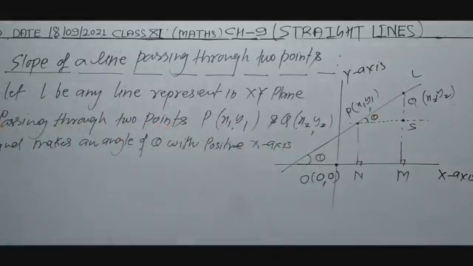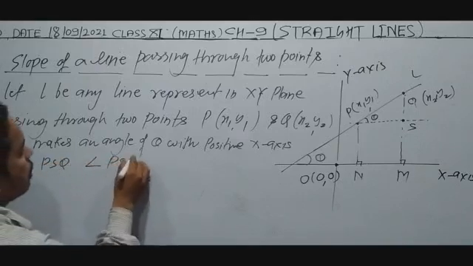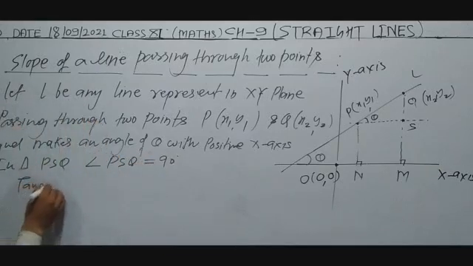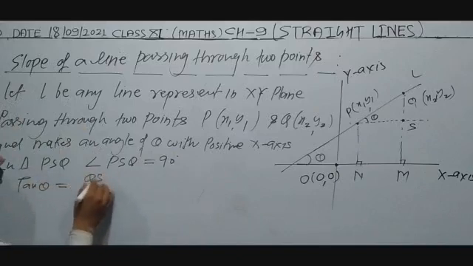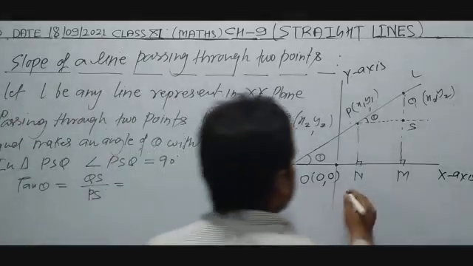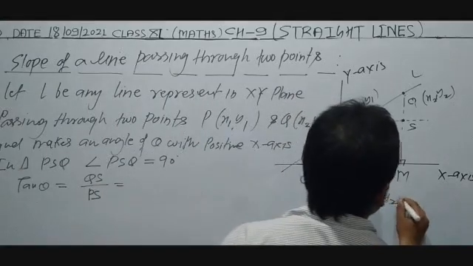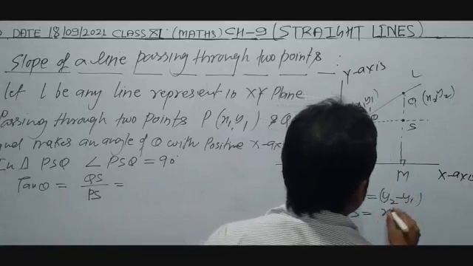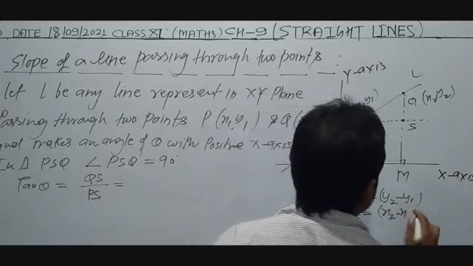And now in triangle PSQ such that angle PSQ is equal to 90, so tan theta will be equal to QS upon PS, and QS length from the figure we can write y2 minus y1, and PS length we can write x2 minus x1.